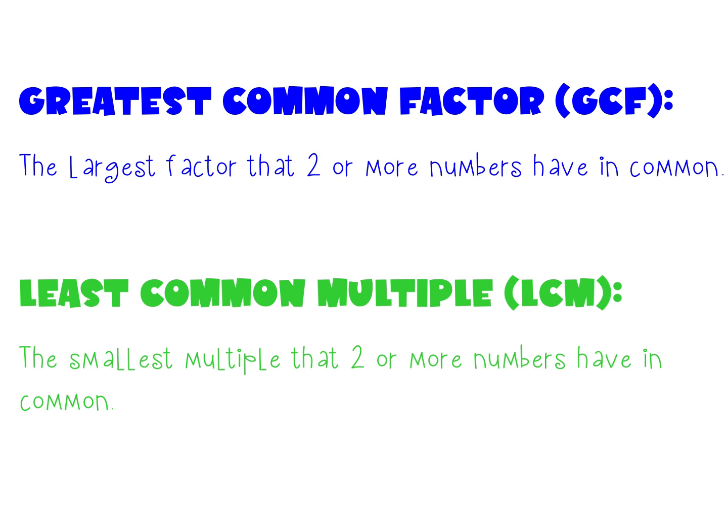So if I said I wanted the GCF of 10 and 35, what I'm basically saying is I want to know what is the biggest number that fits evenly into both 10 and 35. So if I were to list out the factors of 10, list out the factors of 35, what's the biggest number that fits into both of those? That's GCF. Okay, we're just defining things right now.